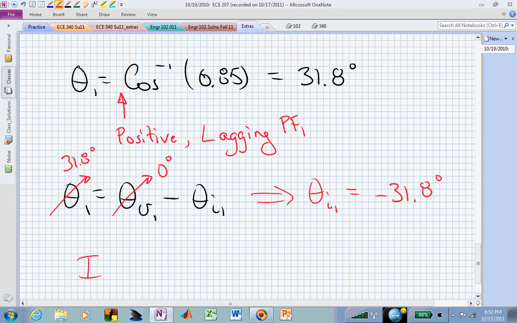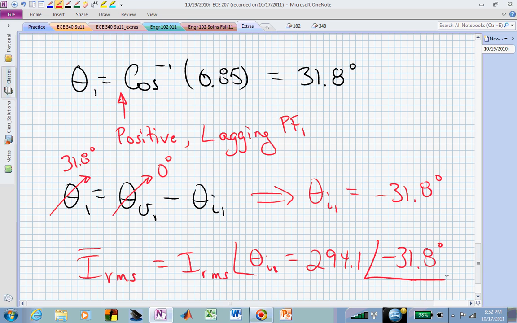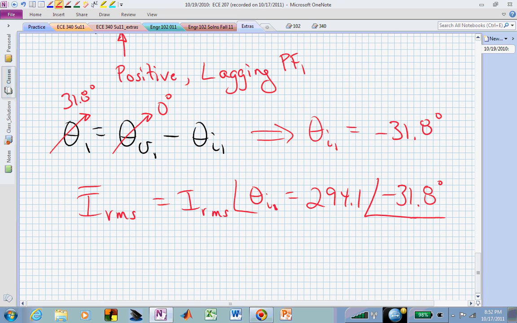Since it's in series, it's the angle of all of the currents. That's the complex RMS current, which is I RMS at an angle of theta sub I1, and that's now 294.1 at an angle of minus 31.8 degrees.